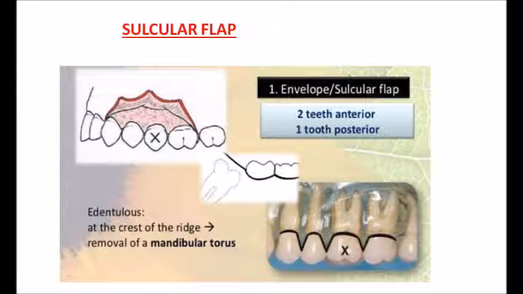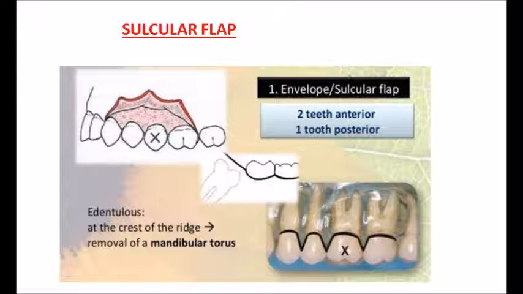Next one is the sulcular flap. The sulcular flap is for edentulous regions at the crest of the ridge, for the removal of a mandibular torus. For the removal of the torus, it is mainly indicated. The sulcular flap is not ideally used nowadays. It is an envelope or sulcular flap which involves two teeth anteriorly and one tooth posteriorly, mainly to the premolar region.